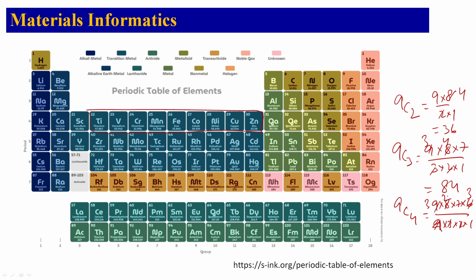So, that is 3 sixes are 18, 18 into 7, and that means what? 18 into 7 is 126. So, you can see the number of combinations increasing rapidly from 36 to 84 to 126 for 9 elements.